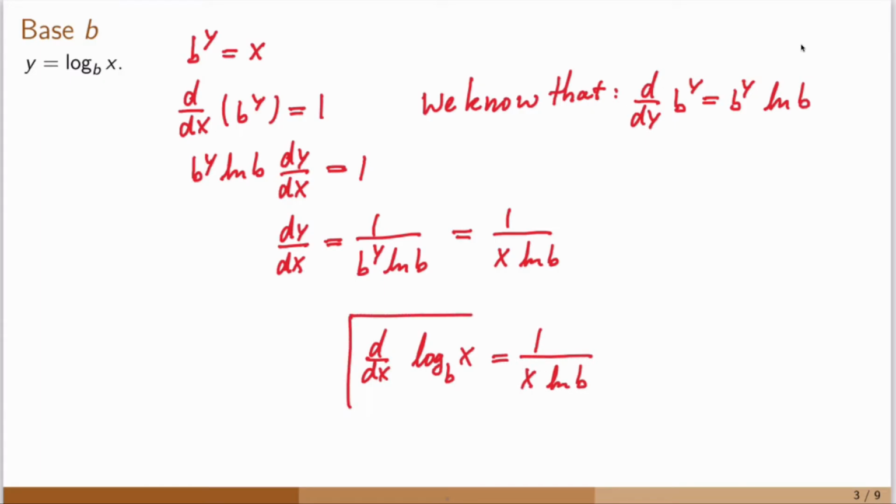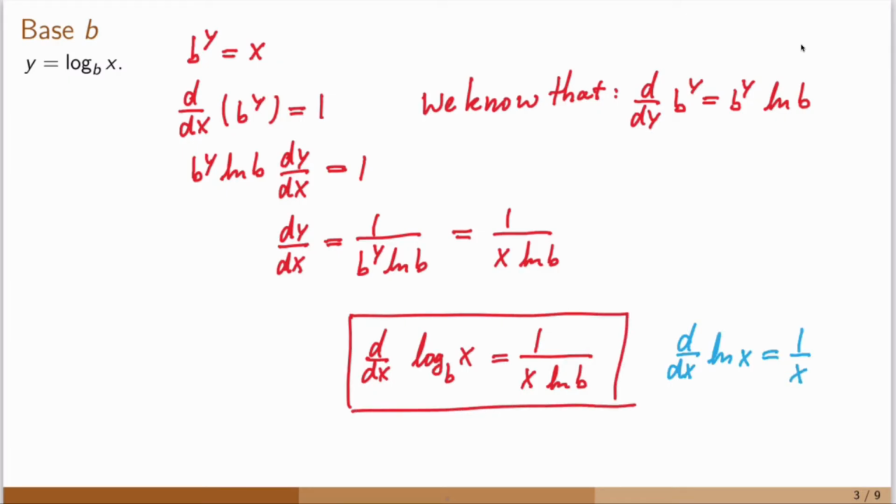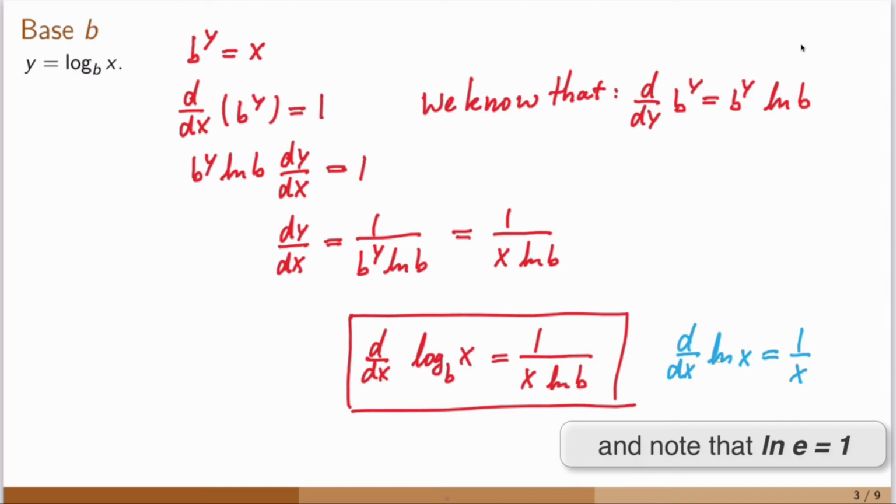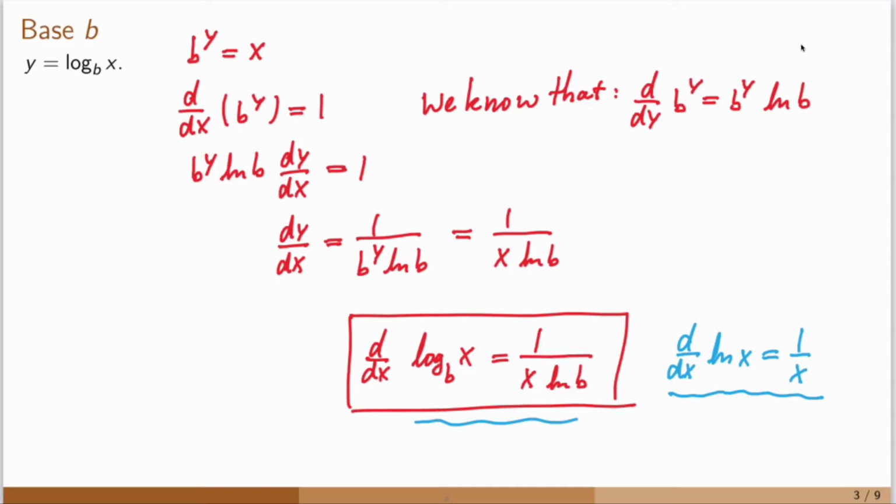If you compare this with the natural logarithm, d by dx ln x is 1 over x, the only difference is the log b in the denominator. So there's another reason why the natural logarithm is so cool, because you don't need to worry about additional factors of log b in the denominator. This is the simplest form of all these possible equations.